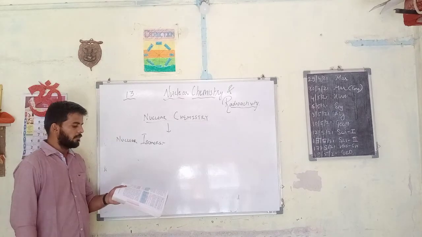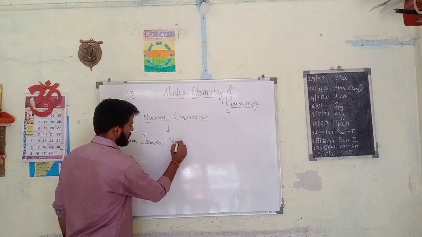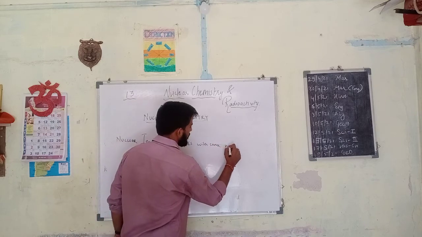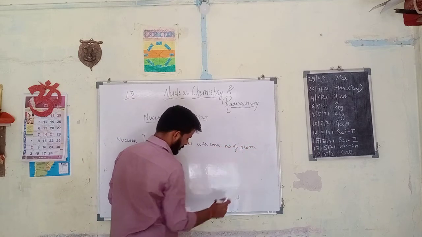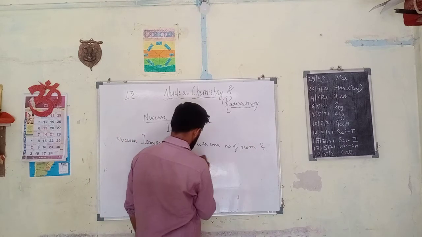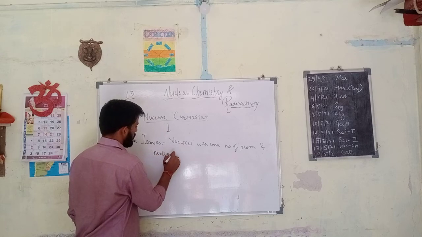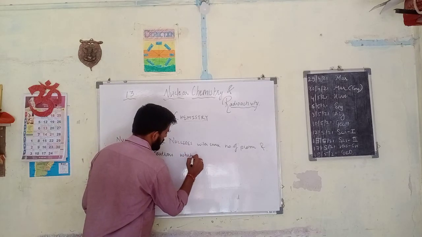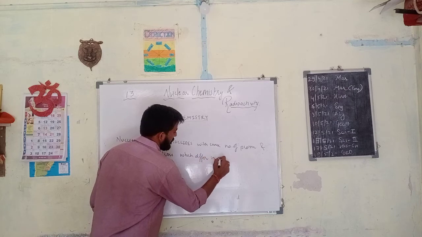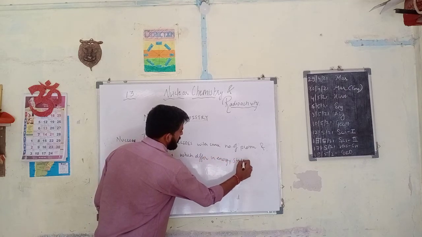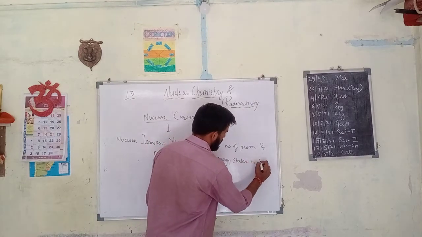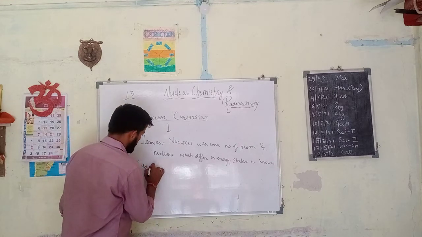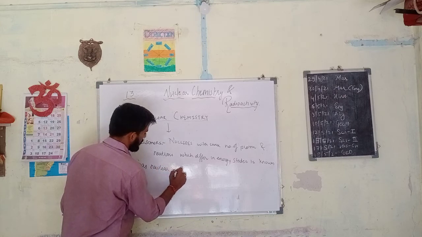So nuclear isomers: nuclides with the same number of protons and neutrons, which differ in energy states, are known as nuclear isomers.